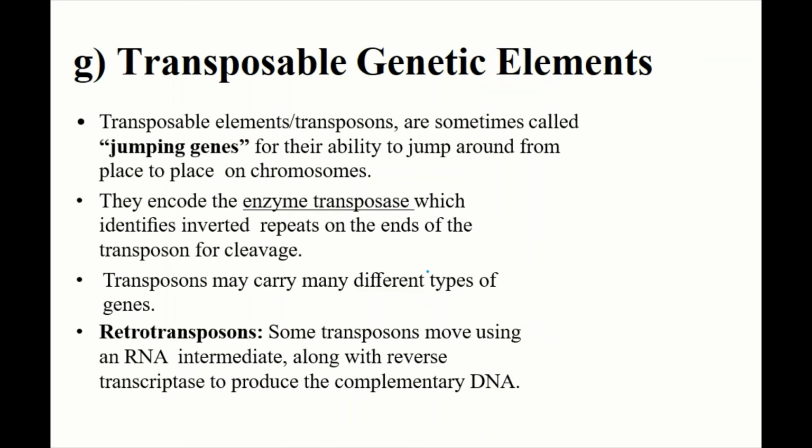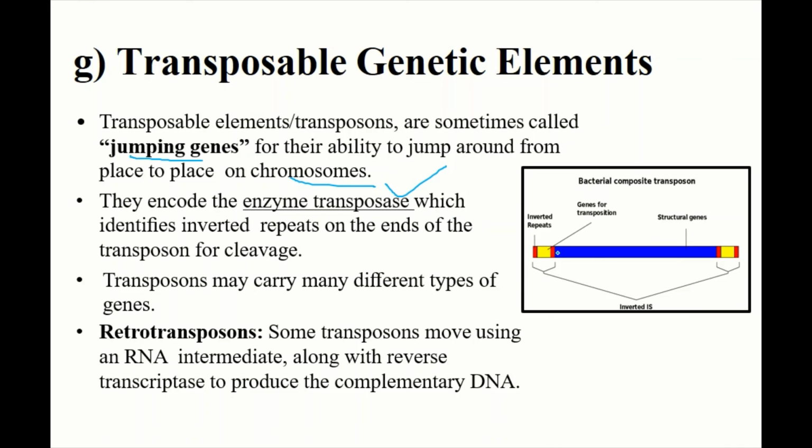Transposable genetic elements, we call these jumping genes because they have the ability to jump around from place to place on the chromosomes randomly using what we call the enzyme transposase, which will identify inverted repeats on the ends of the transposon, and once they are detected, there will be cleaving at this area, and this segment of gene will be transposed or transferred to another location.